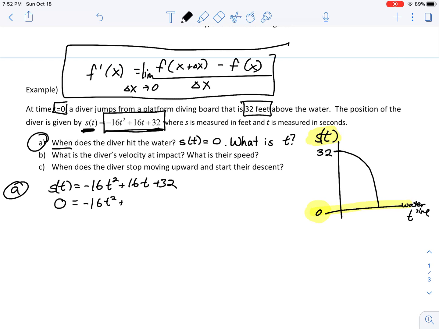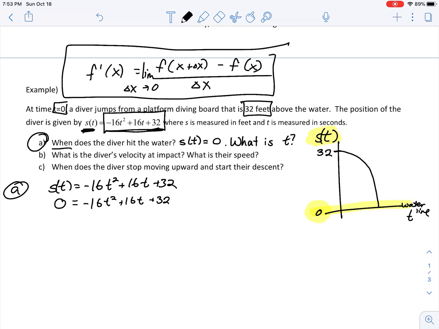So 0 equals negative 16t squared plus 16t plus 32. We want to find out where our function equals 0. If one side of the equation equals 0, you can either factor or use the quadratic formula to find t. It doesn't matter to me which one you use.